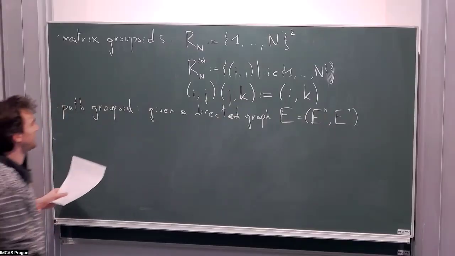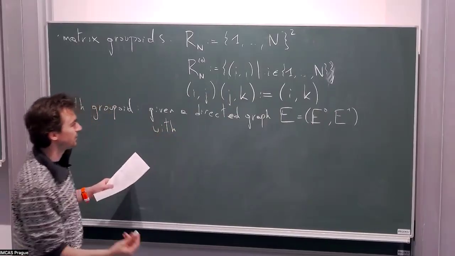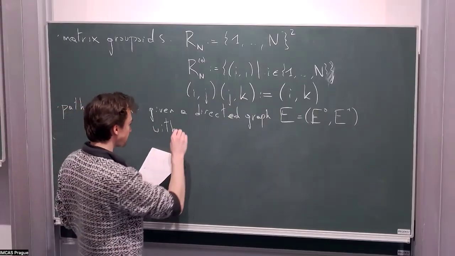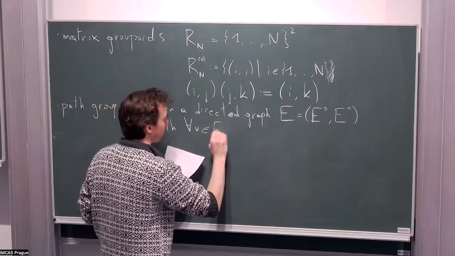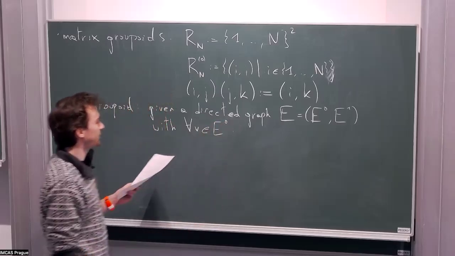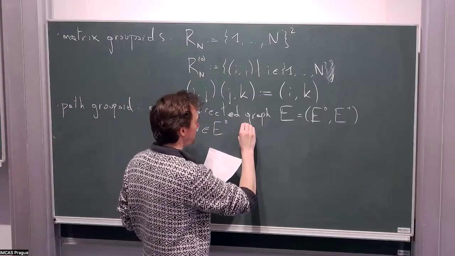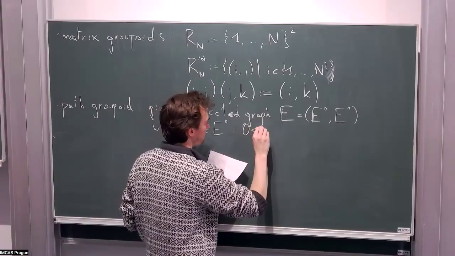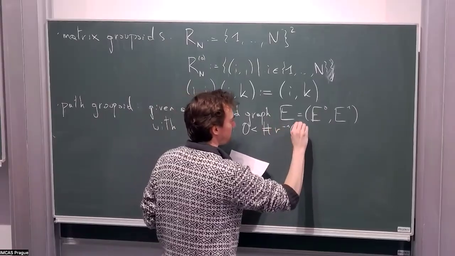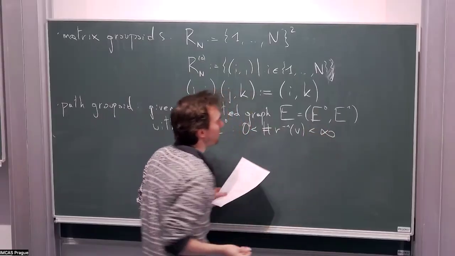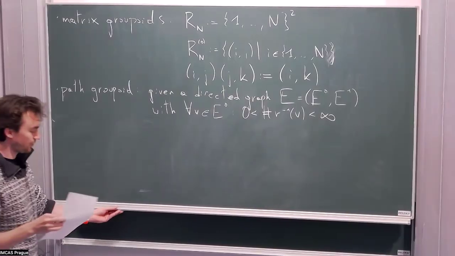And let's, for now, assume that for every vertex, there are finitely many and non-zero arrows coming into this vertex.